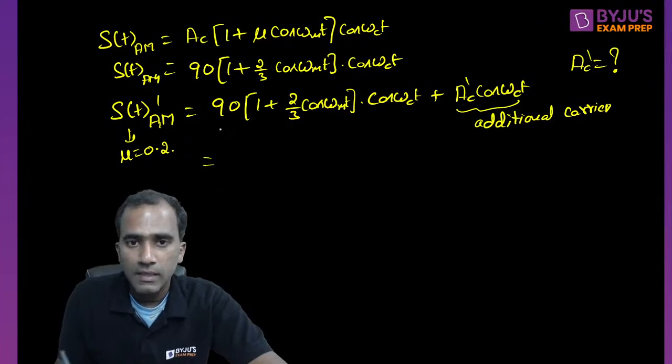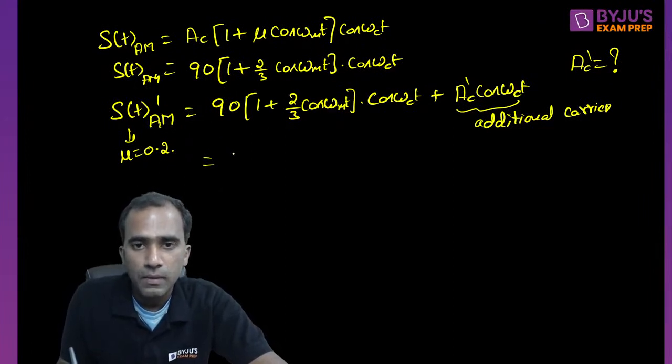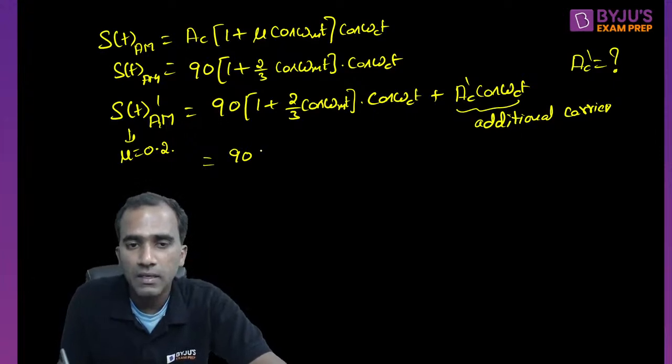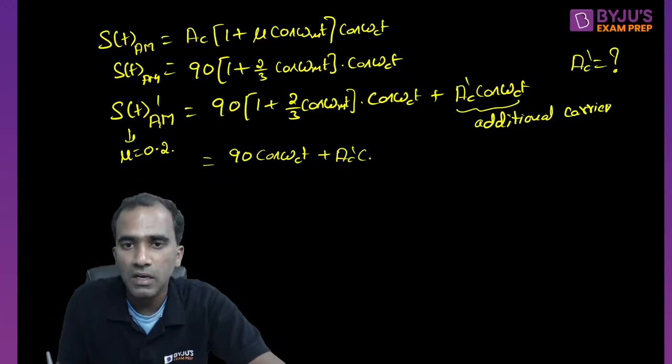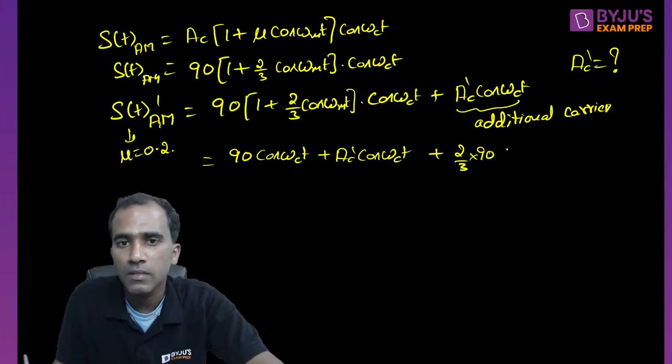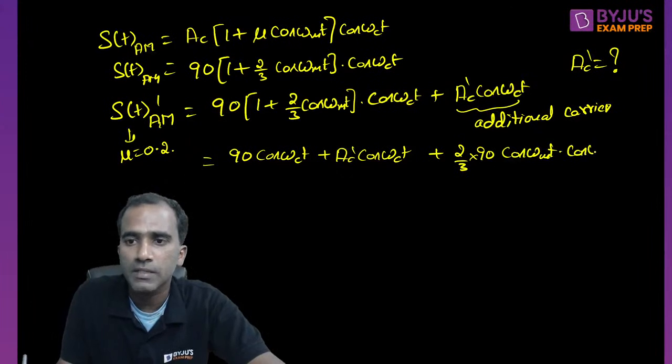Right, now let's understand this. Let me rewrite this: 90 cos omega ct plus AC dash cos omega ct, these two terms have the same cos omega ct term, plus 2 by 3 into 90 into cos omega mt into cos omega ct.